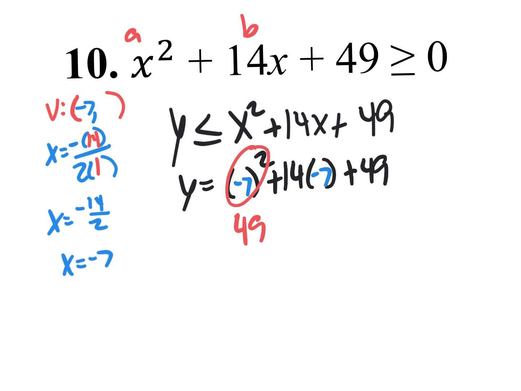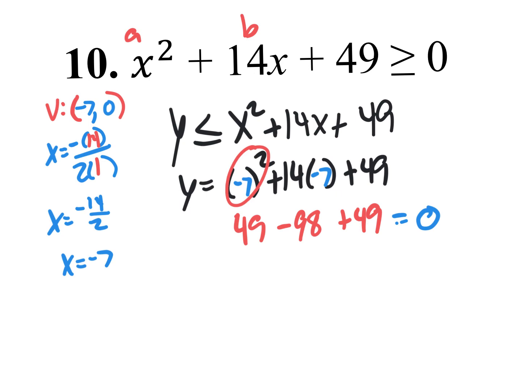What's negative 7 times 14? Negative 98. And plus 49. So if we get a calculator and go positive 49, take away 98, plus 49, I believe that is 0. So yes, that y value is 0. So the vertex is negative 7 comma 0.